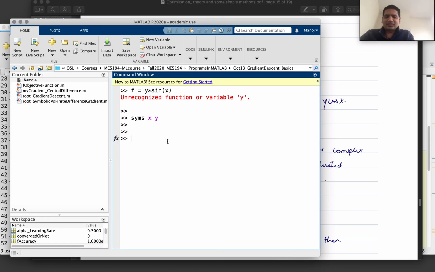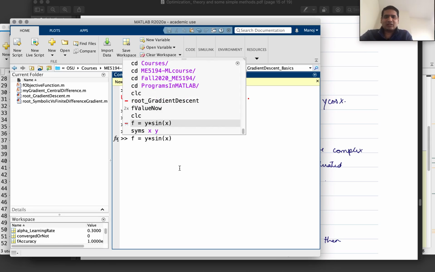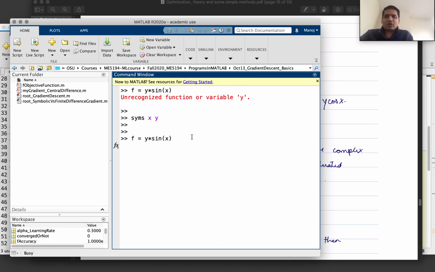So what we've done here is we've declared the variables x and y as being symbolic. So if you don't declare it as symbolic, MATLAB will assume that x and y are numbers, double precision numbers generally by default. And because we've not defined it, it complains about it. But once you declare x and y to be symbolic, then MATLAB is happy to allow expressions of this form, because, well, they're just symbols now.